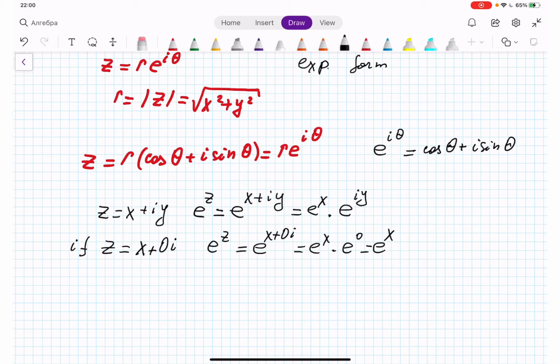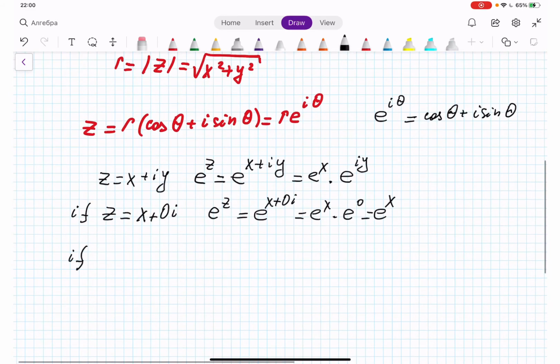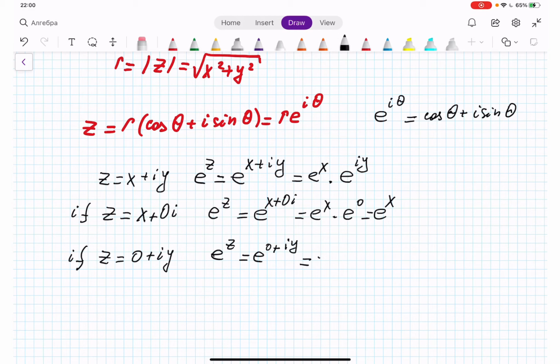Now, if z is a purely imaginary number, then e to power z equals e to power 0 plus i y, which is equal to e to power 0 times e to power i y. And the answer is e to power i y.